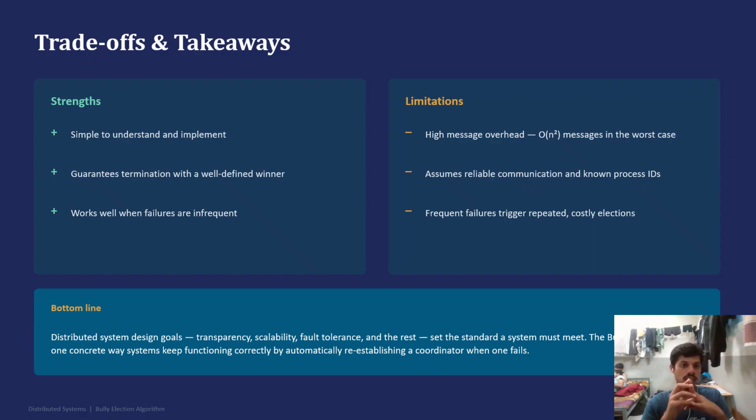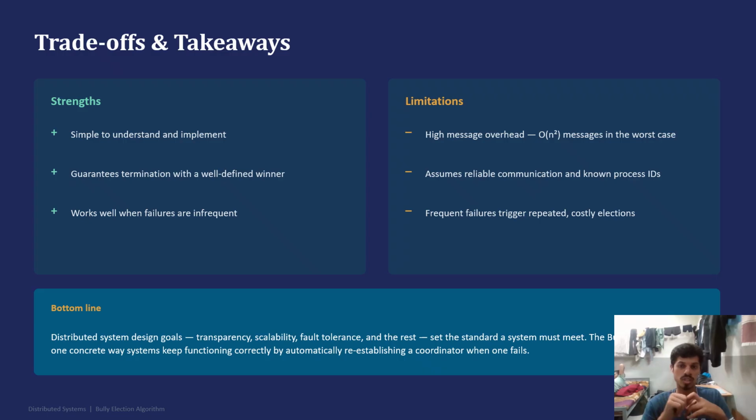So here's the last slide. What we have done, we have listed trade-offs and takeaways. The strengths of the Bully algorithm are: simple to understand and implement, guarantees termination with a well-defined winner, and works well when failures are infrequent. Then the limitations are high message overhead, with time complexity of big O of n squared messages in the worst case.